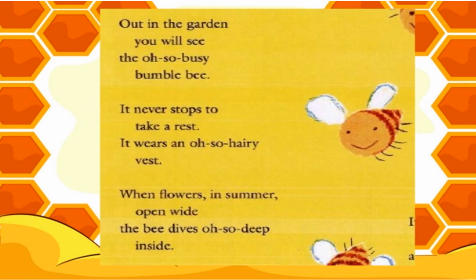Out in the garden you will see the oh so busy bumblebee. It never stops to take a rest. It wears an oh so hairy vest. When flowers in summer open wide, the bee dives oh so deep inside.